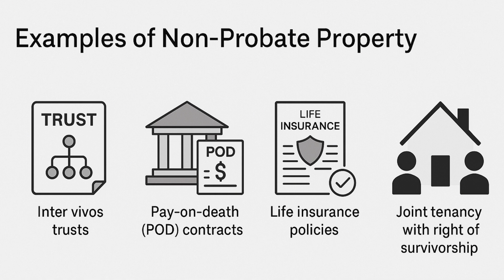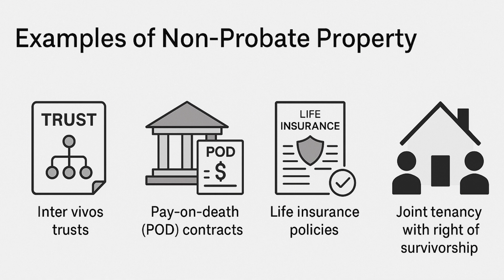Inter vivos trusts, which hold assets during the decedent's lifetime and transfer them to the named beneficiaries without court involvement. We'll cover these in the second half of this course in tremendous detail. Then we have pay-on-death contracts, like bank accounts or investment accounts with designated beneficiaries.